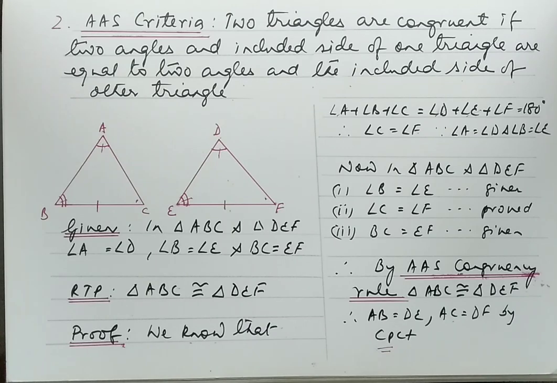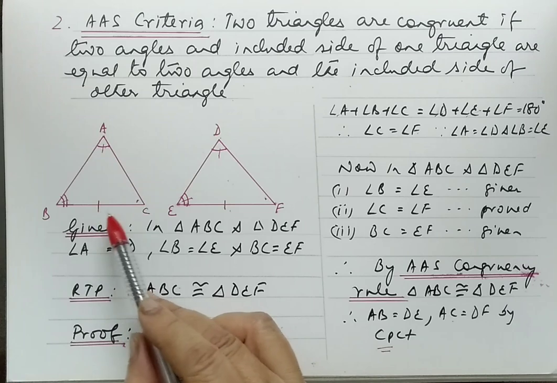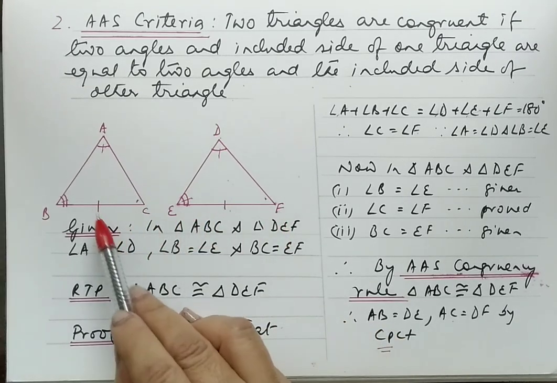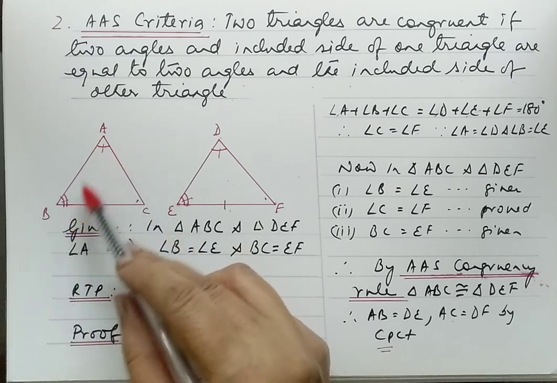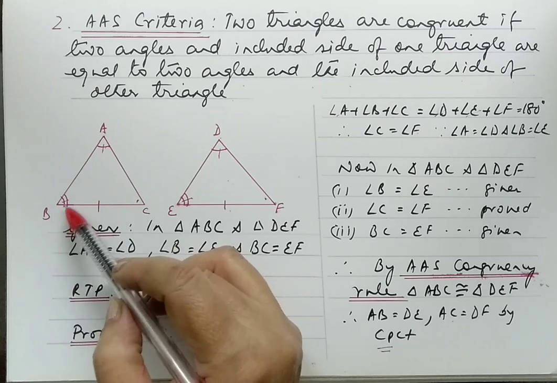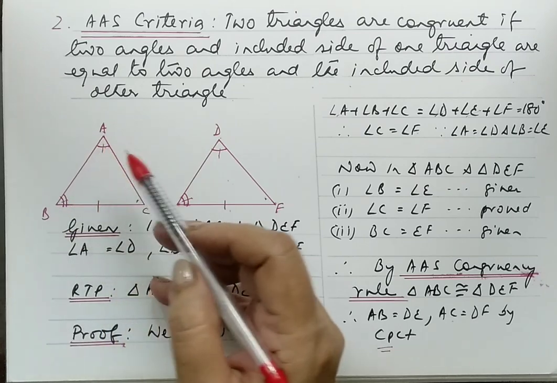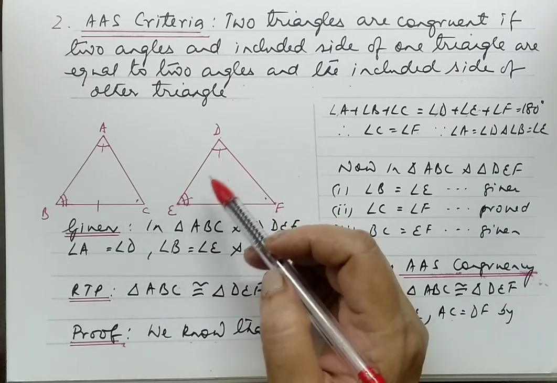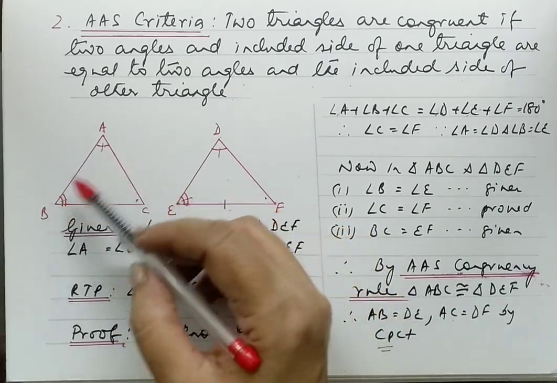Now you must be wondering, can we call this an included side? It is not included with the angles, am I right? It had to be AB equals DE to call it included between the two angles.